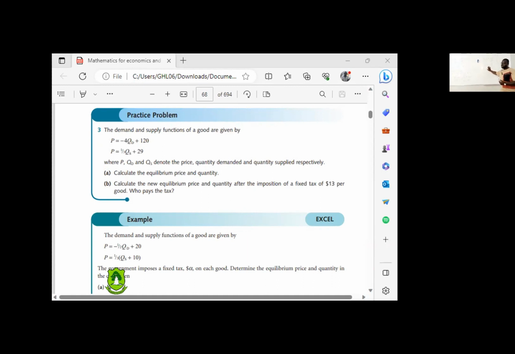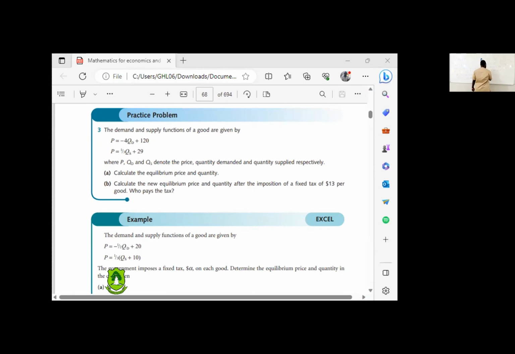Now let's look at the price side. We can put this Q in either this one or this one, and we'll get the same thing. Let's put Q into the demand function, which is the first one. So our price will be minus 4 times 21, plus 120.